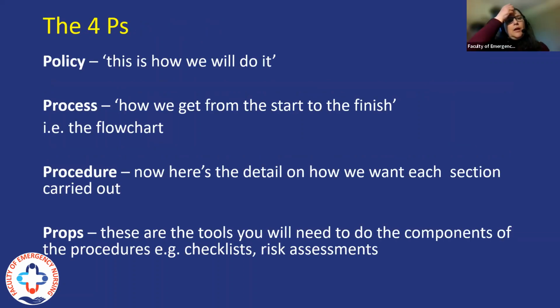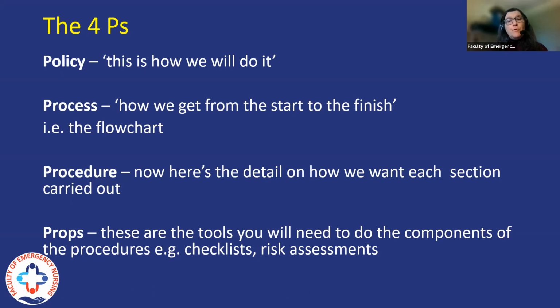Now, if you care to do a Google search or 3 of policy, you might come across the 4 Ps. That's policy, process, procedure, props, one at a time from the top. So policy, as we have just looked at it, is this is how we will do it.